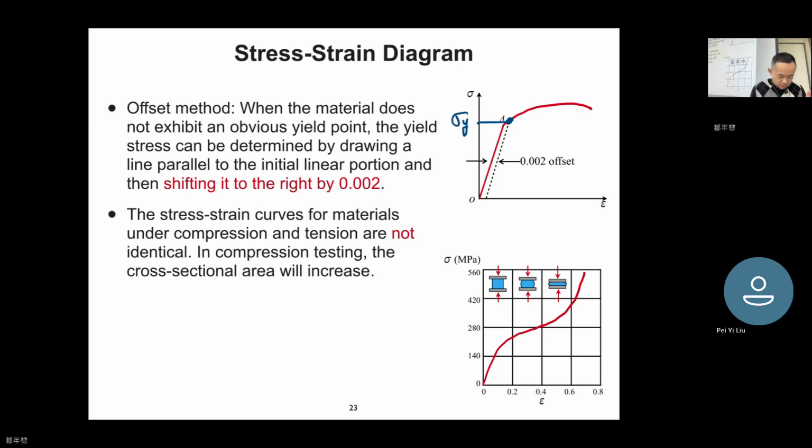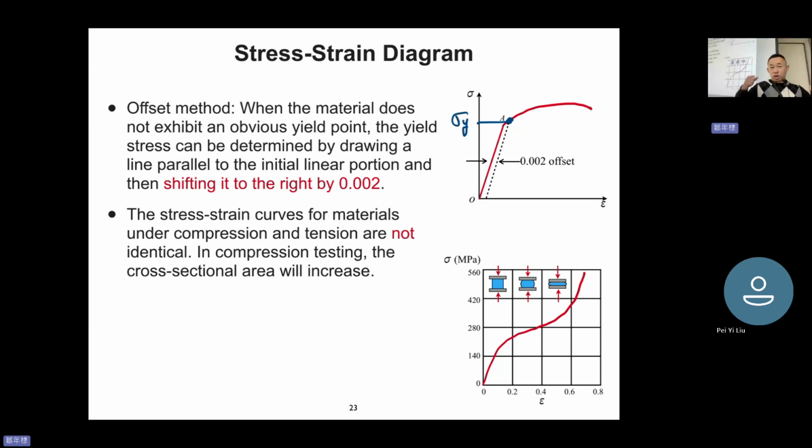Sorry, I made a mistake. Concrete is good at compression, but bad at tension. That is the reason why we need to reinforce it and make it stronger by putting some steel inside the column.